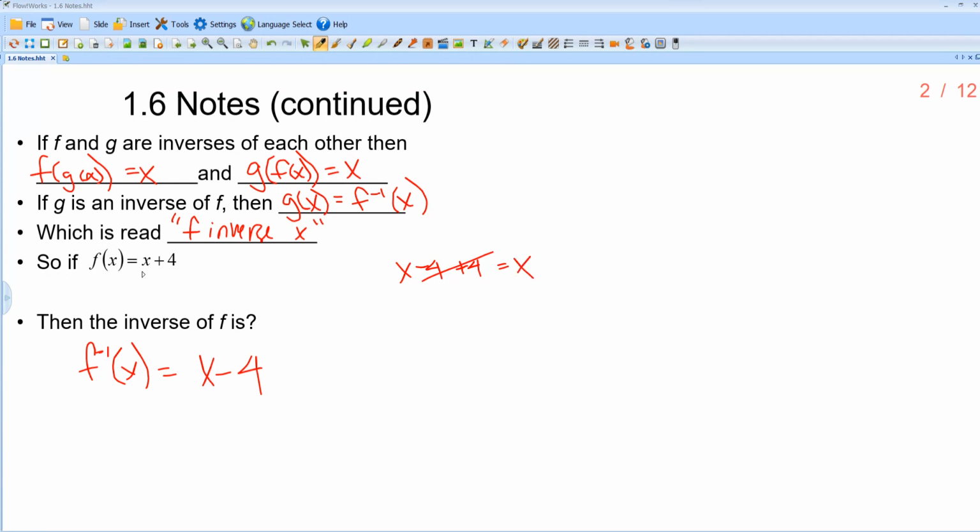On the other hand, if I take x plus 4 and substitute it into this x, I'd still have a minus 4, and I'd be left with x. So since both of these gave me x, that I just did the composition, and we'll show it more formally later on, don't worry. But since both of those just gave us x, this is an inverse.